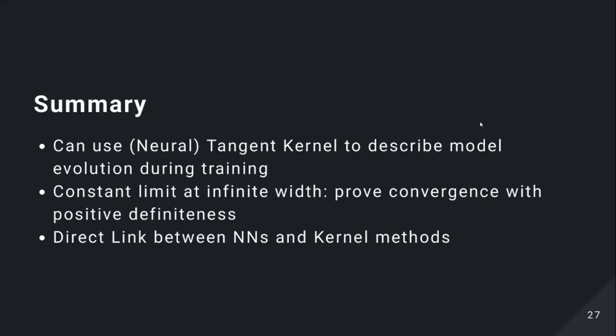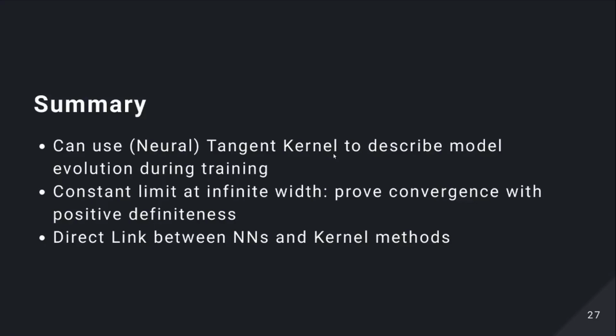So yeah, we're finally at the end. We made it, guys. So the summary, at least the high level view, is that we can use this neural, but I'm putting neural because really the tangent kernel we can apply to any differentiable model, but it's mostly interesting for neural networks.